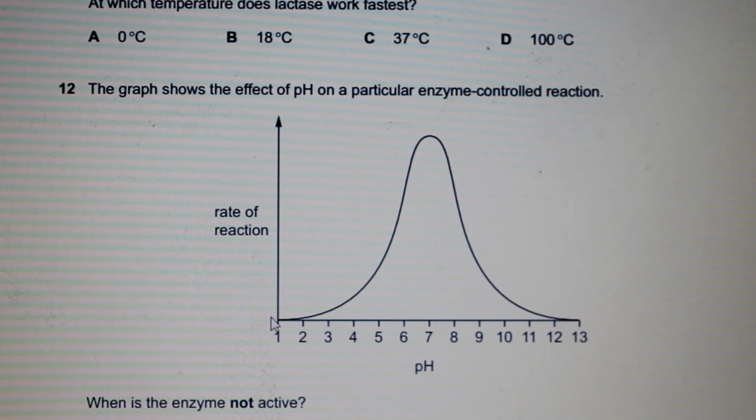There's the rate of reaction equals 0, and here it also decreases and the rate of reaction reaches 0 at 13. So the question asks, when is the enzyme not active? Well, we basically just answered that, and we can easily see it on our graph here. Over here we're looking at rate of reaction. Where is it 0? It's 0 at 1 and 0 at 13.